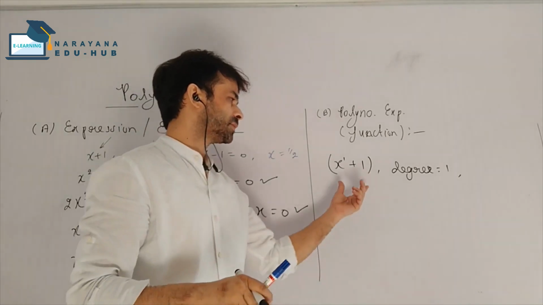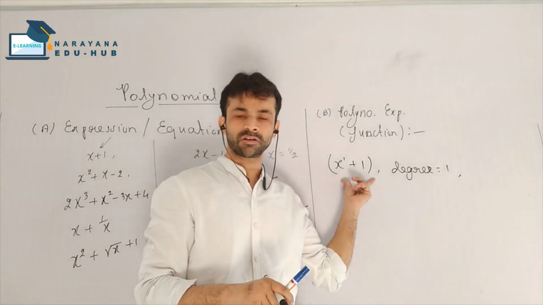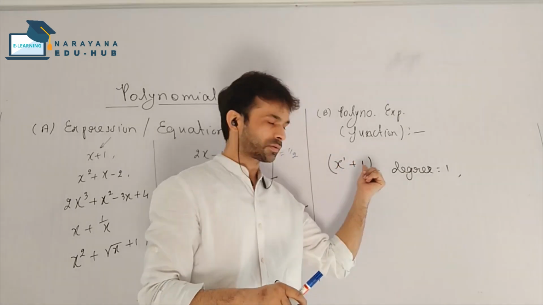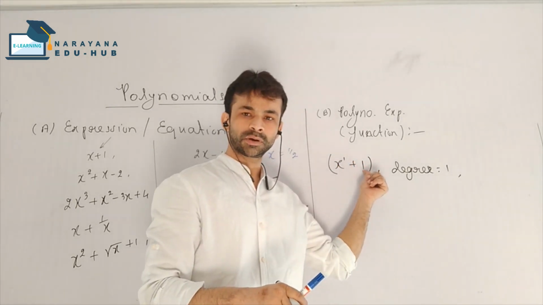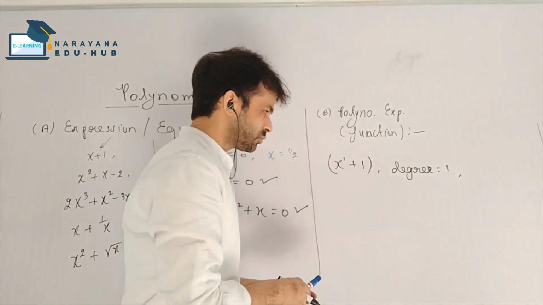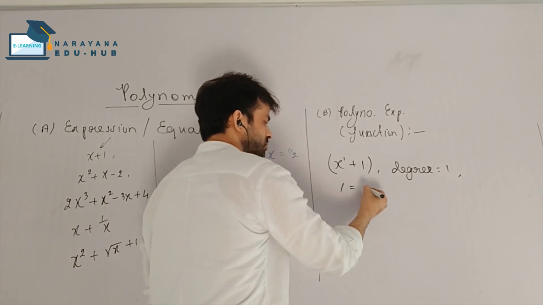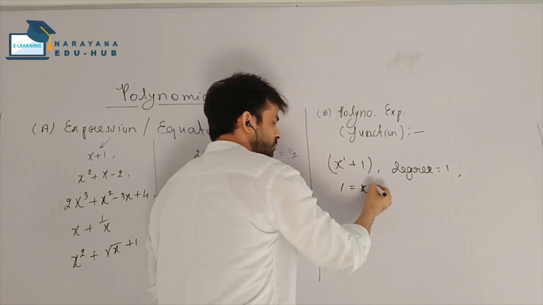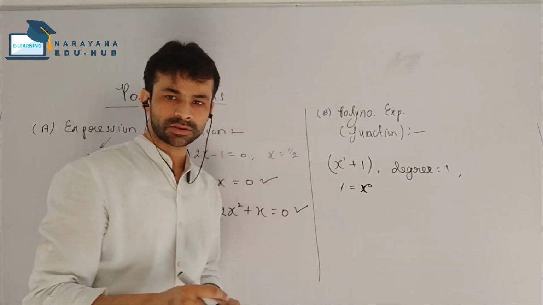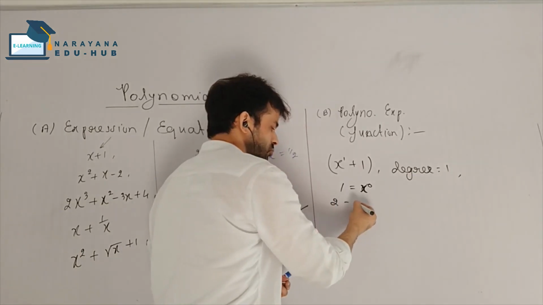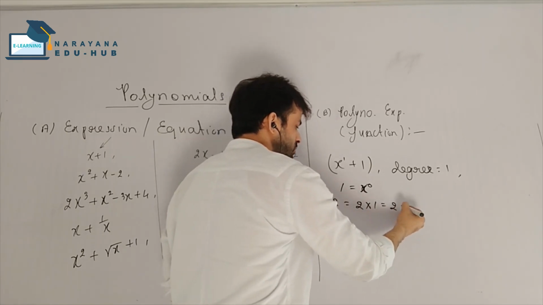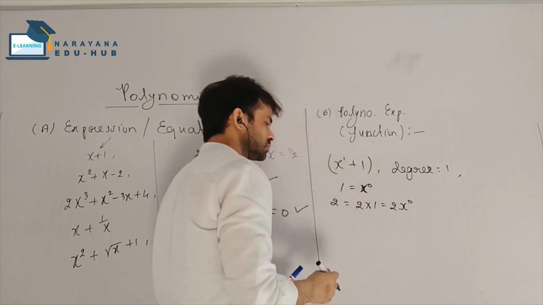What is degree? Degree means the highest power of x. So the highest power of x here is 1. This is the constant term. The constant term is actually the x to the power 0 term. 1 means x to the power 0 actually. If you have any other constant, say 2, then 2 means 2 into x to the power 0.